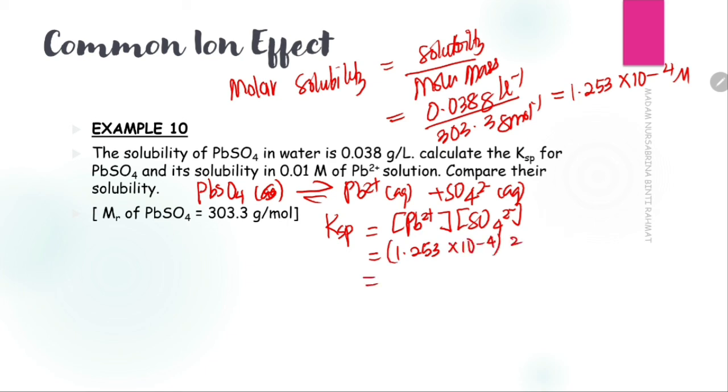So the KSP value for my lead sulfate at this temperature is 1.57 times 10 to the power of negative 8. We are going to use this calculated KSP value to determine the solubility of my lead sulfate in water as well as in lead ion solution.